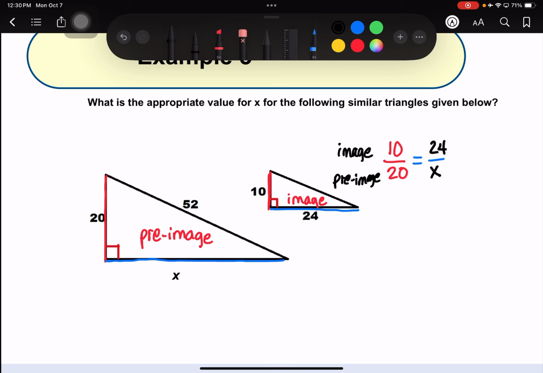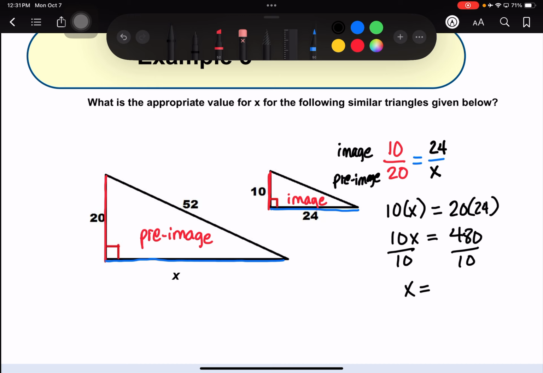People make mistakes like that all the time, so I'm so glad I made it so that y'all don't make it. So I multiply 10 times x and 20 times 24. Yeah, that's how you do it. And that gives you 10x equals 480. Divide both sides by 10, and x equals 48.